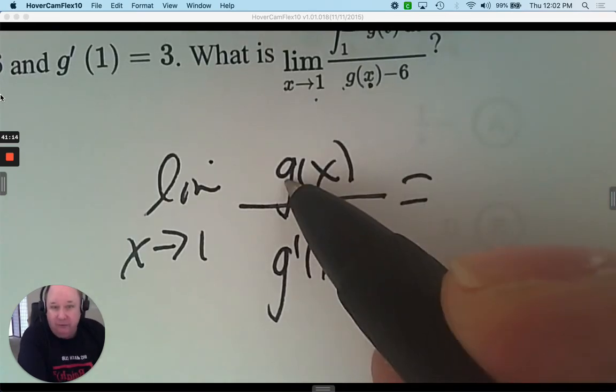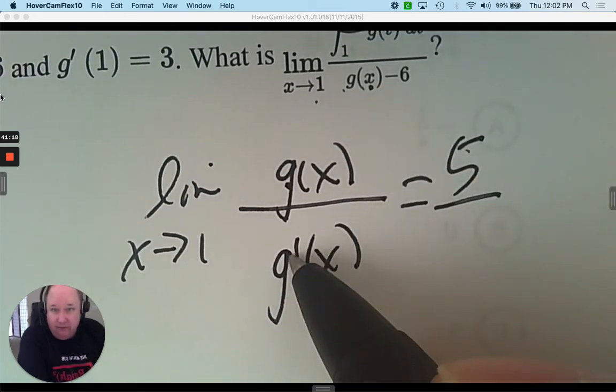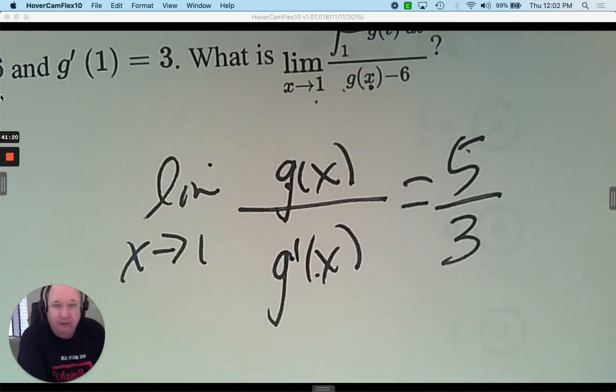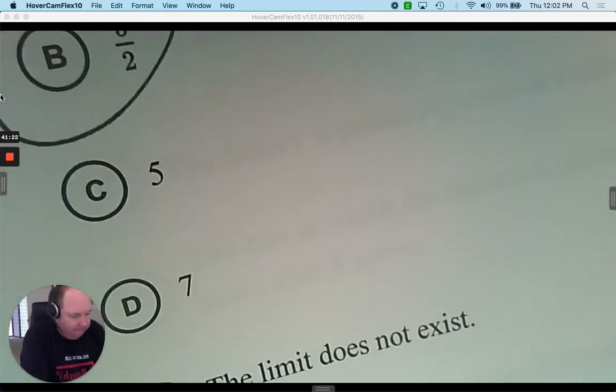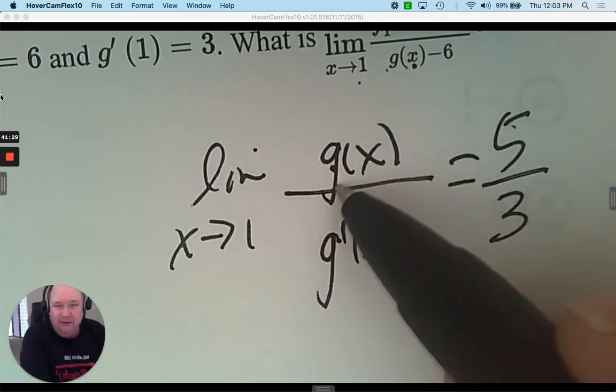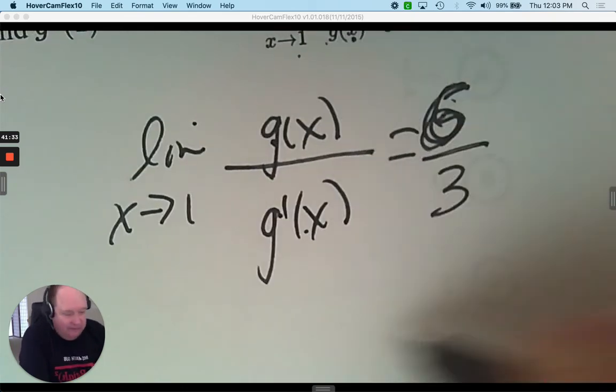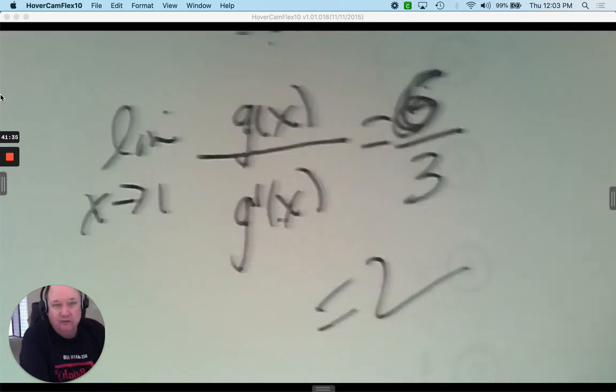The value of g at 1 is 5. The value of the derivative at 1 is 3, and you have your answer 5/3. Right? What did I do? Oh, the value of the function at 1 is 6. And 6 divided by 3 is 2.